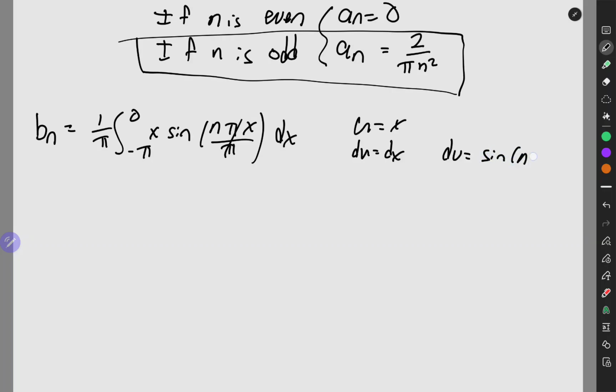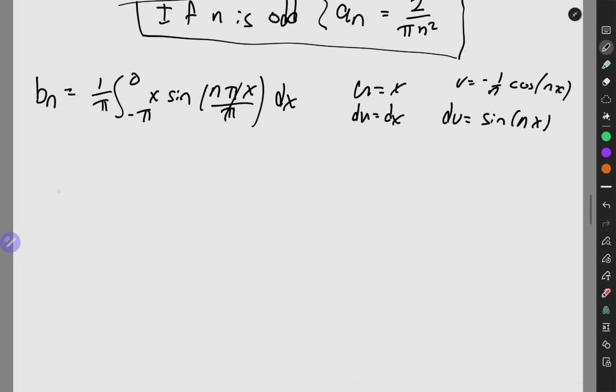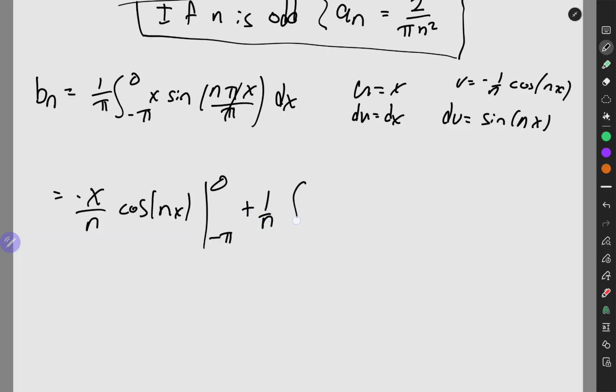Sine nx, v would be negative 1 over n cosine nx. We have uv evaluated, minus the integral of v du, where I'm taking out the negative 1 over n.